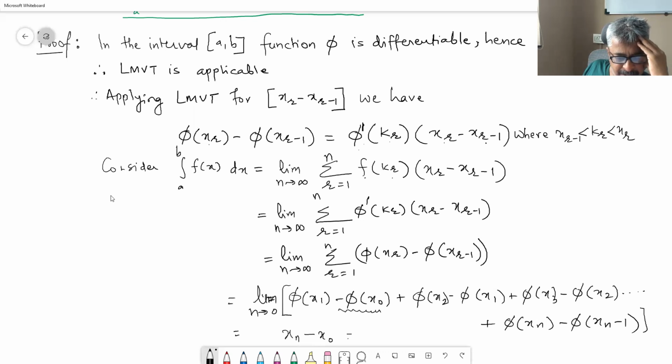Finally we get phi of xn minus phi of x0, but phi of xn is b, so phi of b minus phi of a.